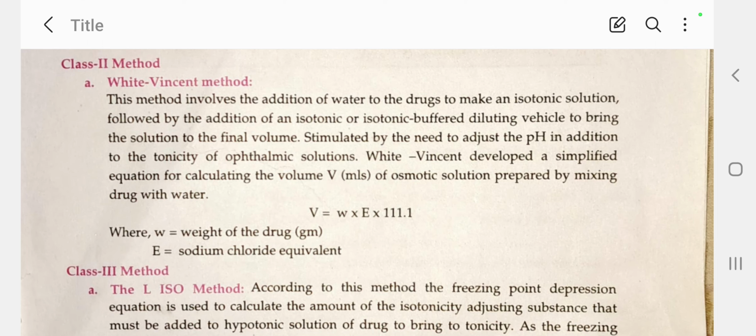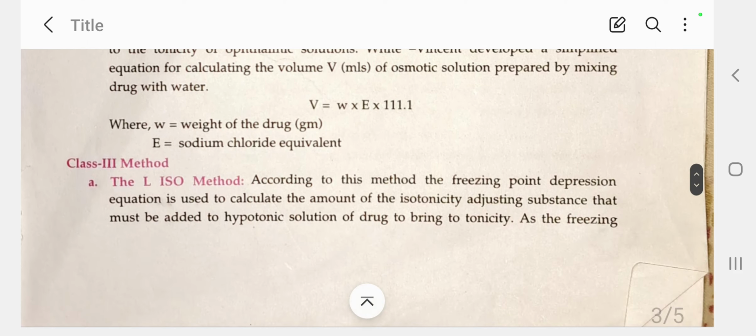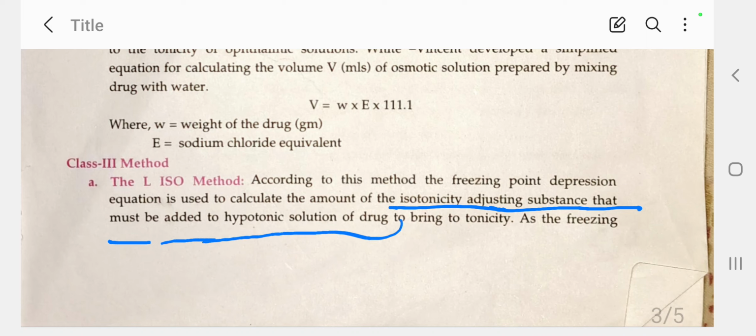Next, the class 3 method, also known as the L-iso method. According to this method, the freezing point depression equation is used to calculate the amount of isotonicity adjusting substance that must be added to a hypotonic solution of a drug to bring it to tonicity.